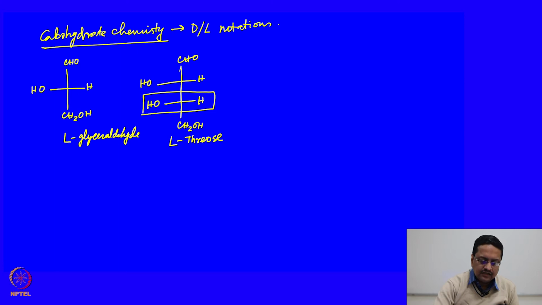And the other isomer of L-threose with a different orientation of OH group on the last carbon was identified as the D-threose.